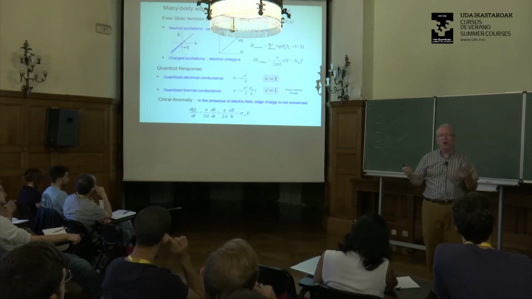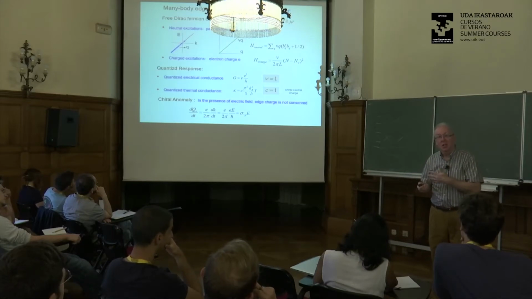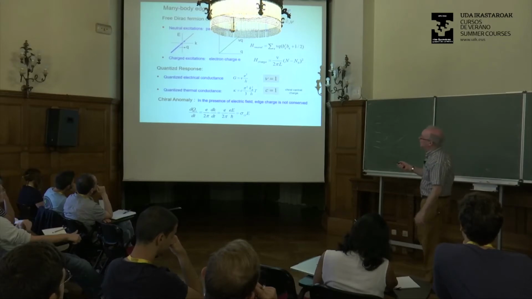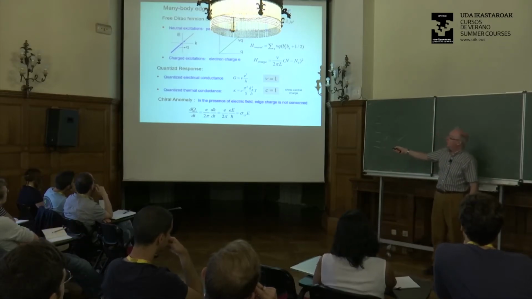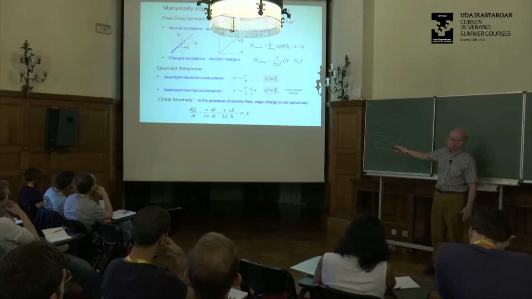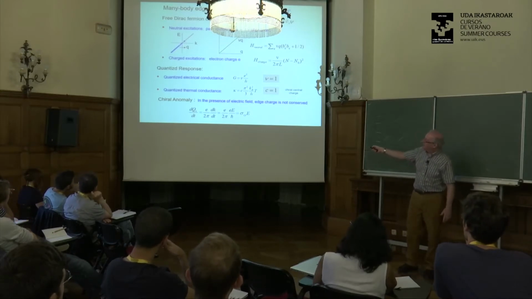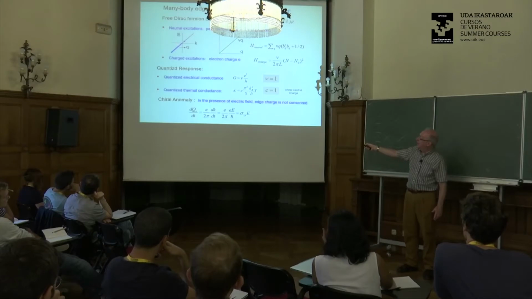And so then I can think, well, what are the low energy excitations about this ground state? You can do two things. You can either add electrons, so you have more electrons, or you can construct neutral excitations, which are basically making particle hole pairs. The interesting thing about the neutral excitations is that if I make a particle hole pair with momentum q, then its energy is exactly v times q.